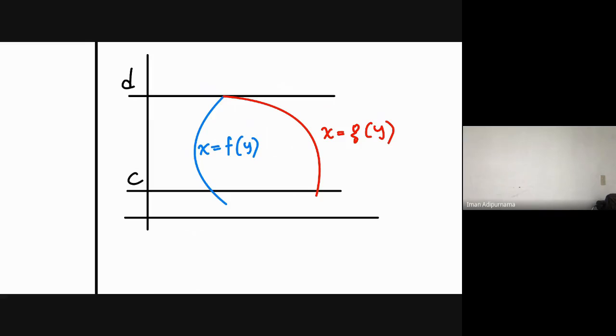Or you can just say the function on the right minus the function on the left. That's also fine. But usually, when I do some calculation, I think it's faster to just rotate the graphs. Maybe when you draw in the exam, you just need to rotate your paper, and you see, okay, you can define the rectangle.